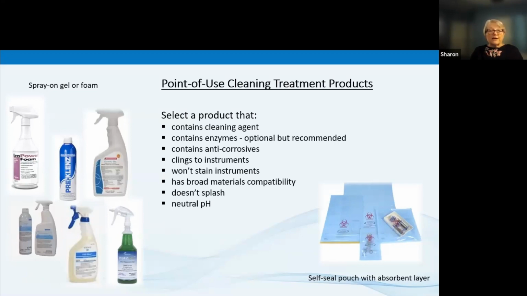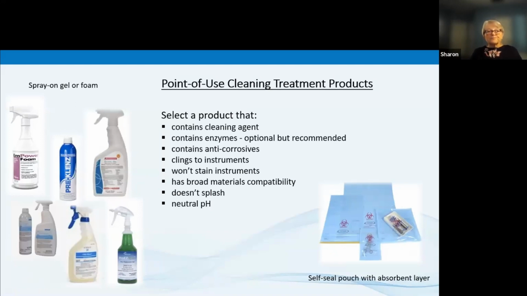Then we have our spray-on gels or foams, which some folks mentioned. These types of treatment products are designed to cling to instrument surfaces, and they penetrate joints and hinges, but they also reduce dripping or splashing, which is really important because instruments are contaminated with a whole bunch of soils, and you don't want those dripping all over the place or splashing onto your staff.